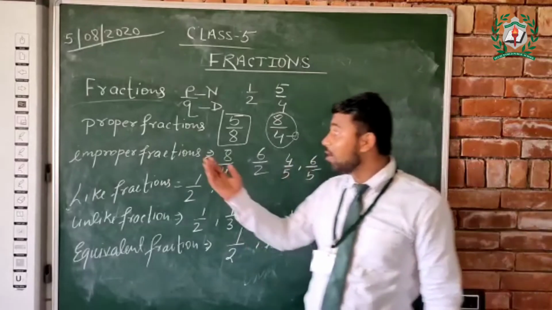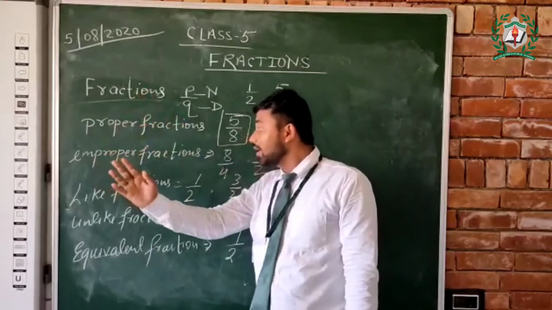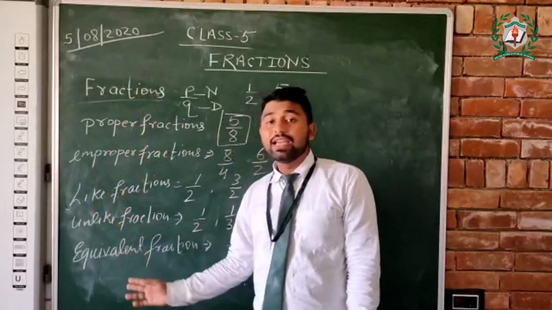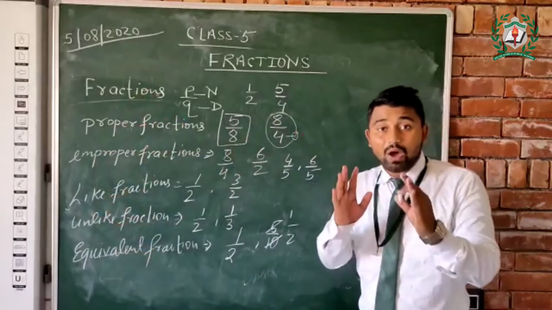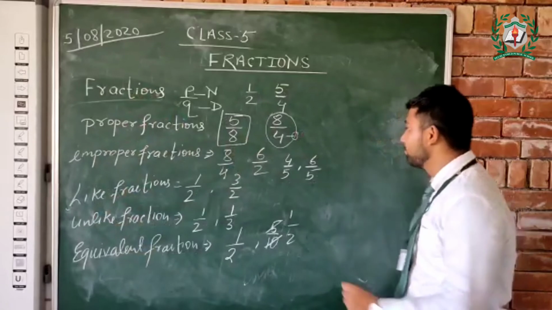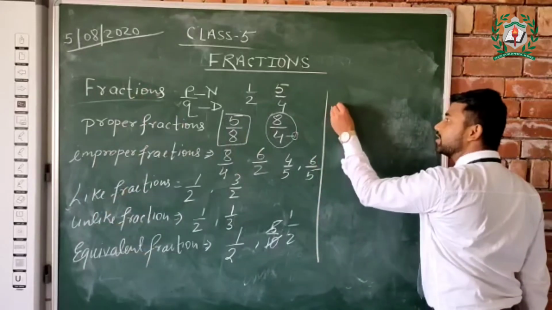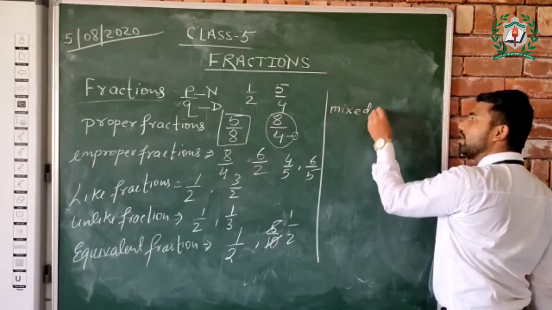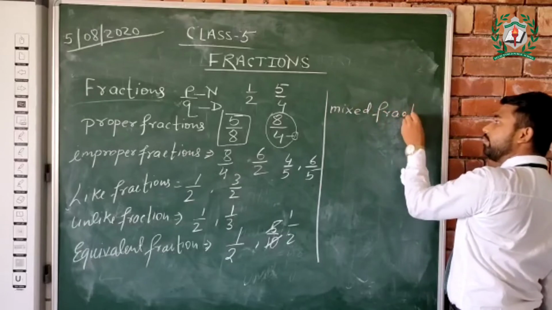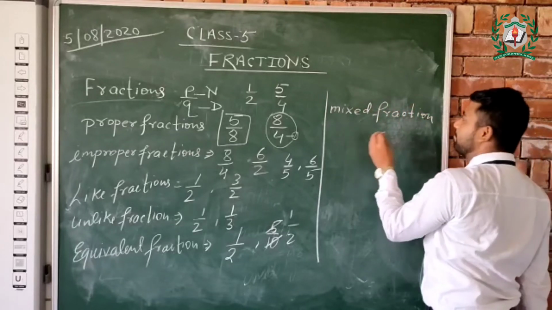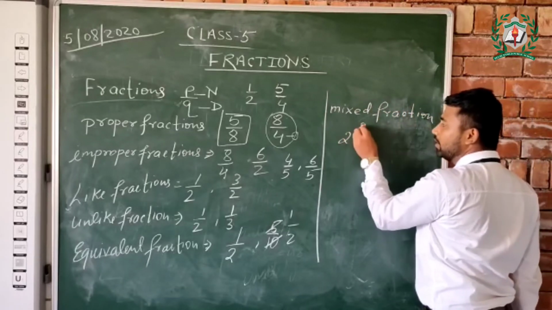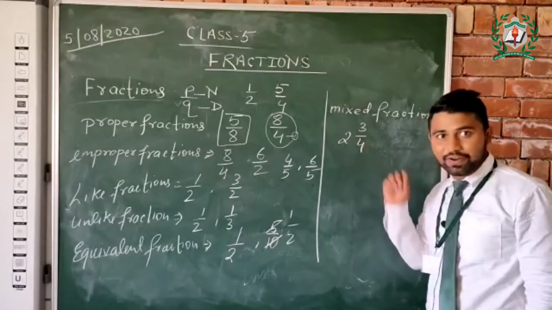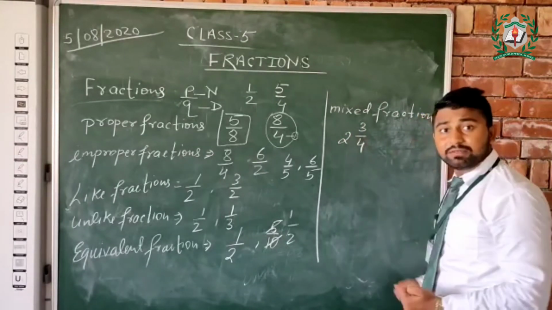We have discussed proper, improper, like, unlike and equivalent fractions. And now the last one is the mixed fraction. What is a mixed fraction? A mixed fraction is like 2 3 upon 4. "Sir, it seems very difficult."